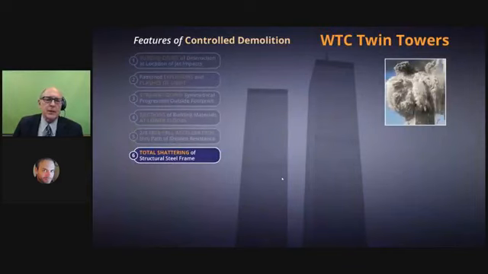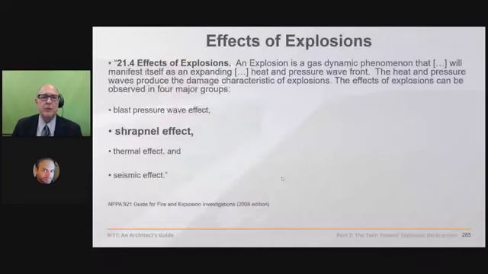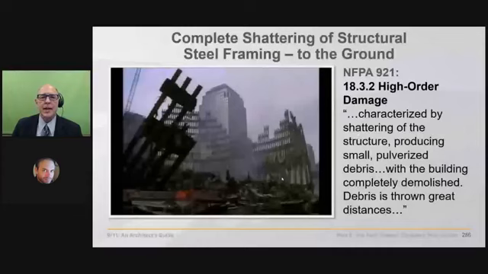And do we have the total shattering of the structural steel frame? Feature number 6 of controlled demolition. Well, the National Fire Protection Association Guide 921 for Fire and Explosion Investigation says, look for the effects of explosions, shrapnel effects, high-order damage characterized by the shattering of the structure, producing small pulverized debris with the building completely demolished, debris thrown great distances.